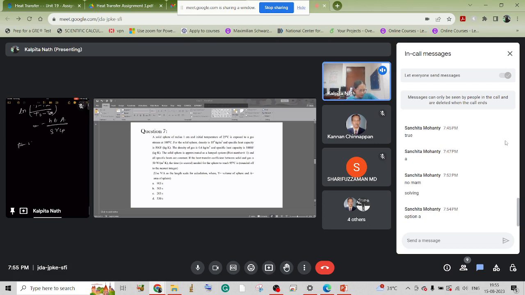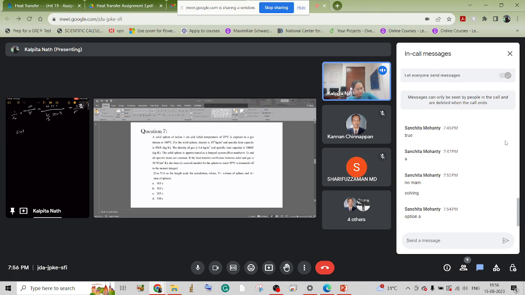So for a sphere, A by V, that is the inverse of characteristic length, is equal to 4 pi r square upon 4 by 3 pi r cube, which is equal to 3 by r.